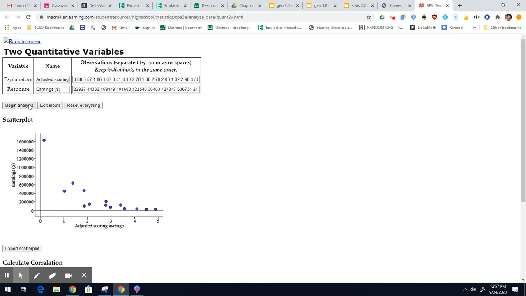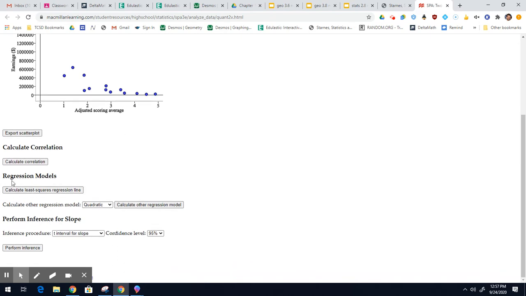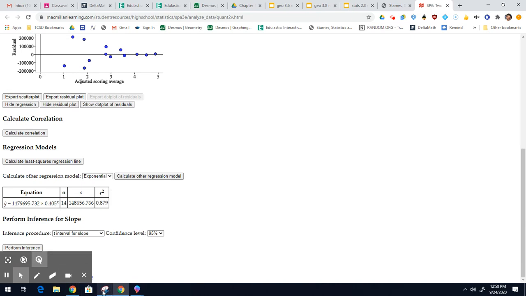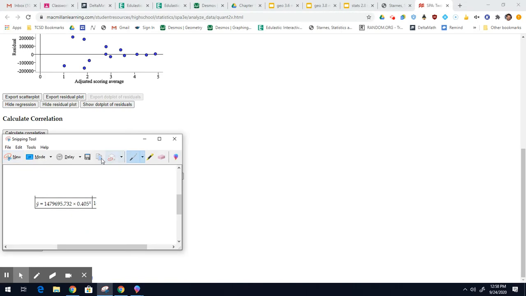Begin analysis. That's what the graph looks like. Now calculate the regression model; we want an exponential model. Calculate. And there it is. Let me take a screenshot and put it in my notes.